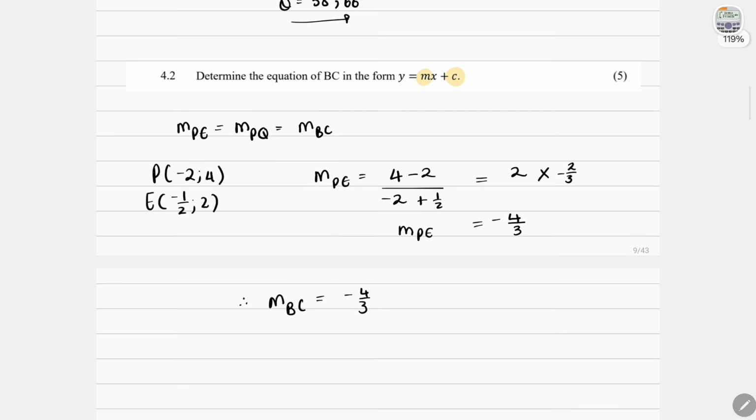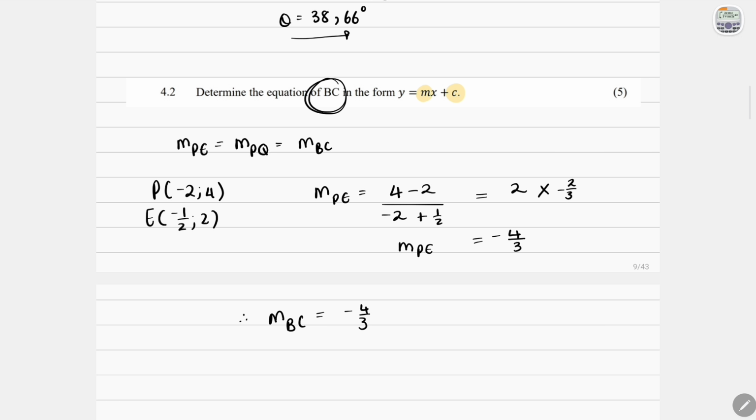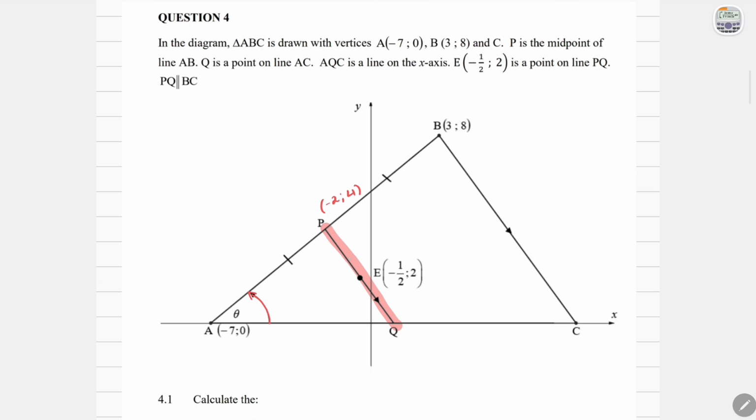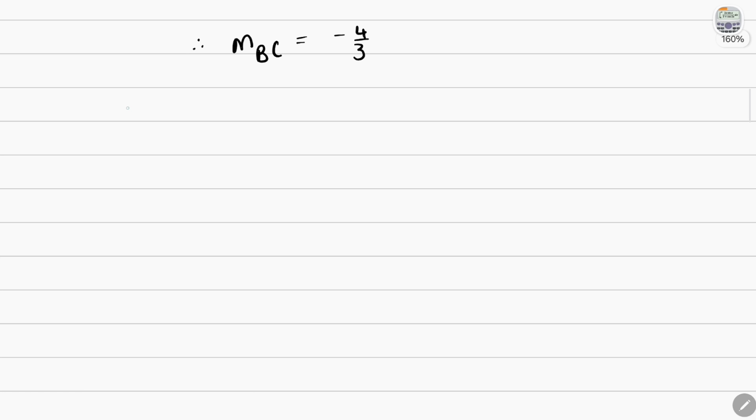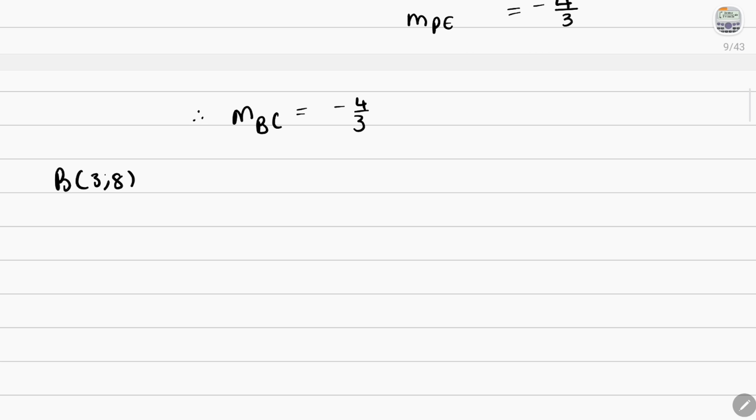And to find the equation now of BC, we need one point that lies on BC. Their gradients are the same. To find this equation, you can simply use B since this lies on BC. So that's 3 and 8. You can either use y equals mx plus c, or you can use this formula.